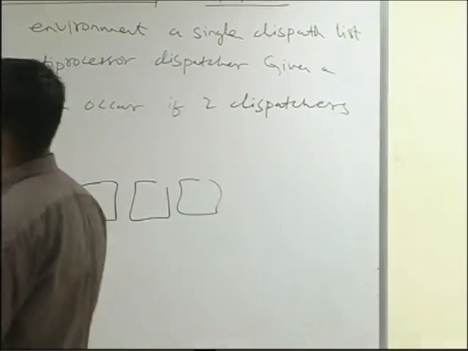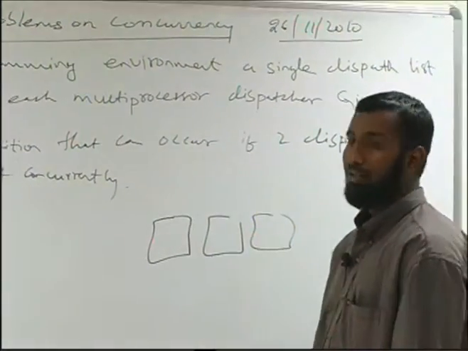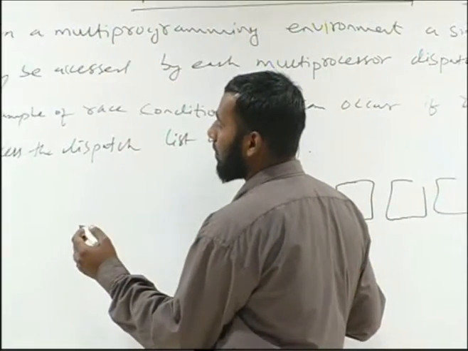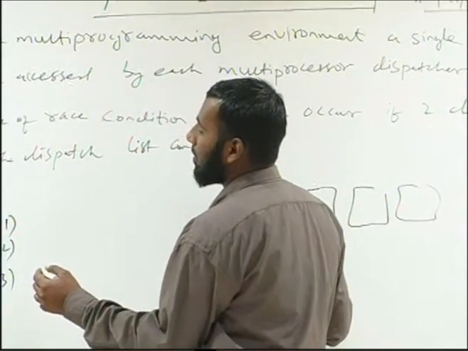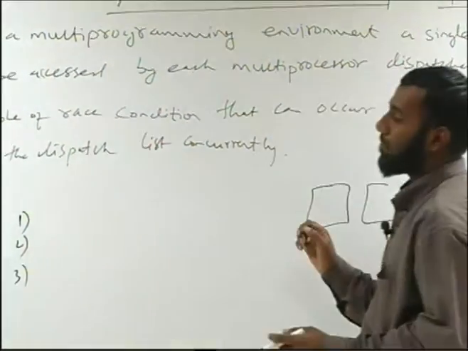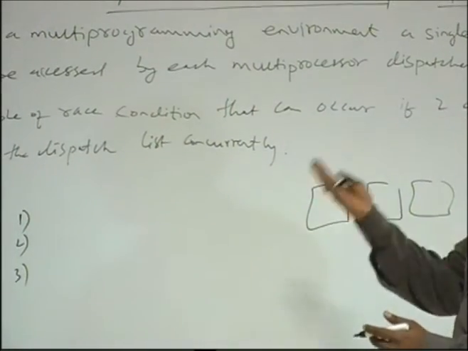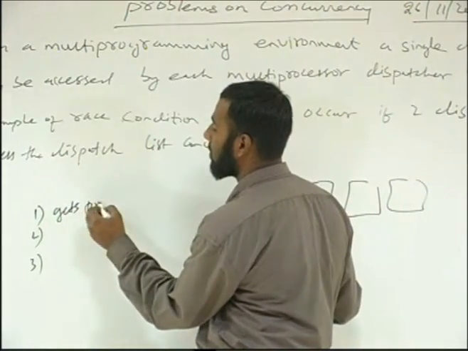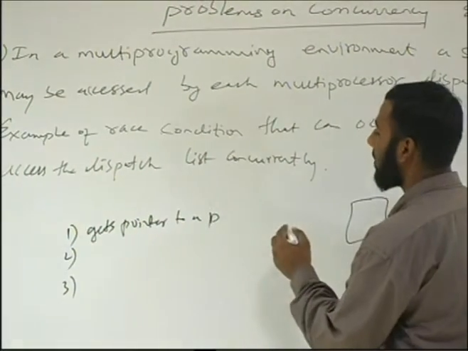Now, generally how does a process get executed? In the dispatch table there are a few steps for executing a process. First, a processor will get the pointer to a process from the process dispatcher list.